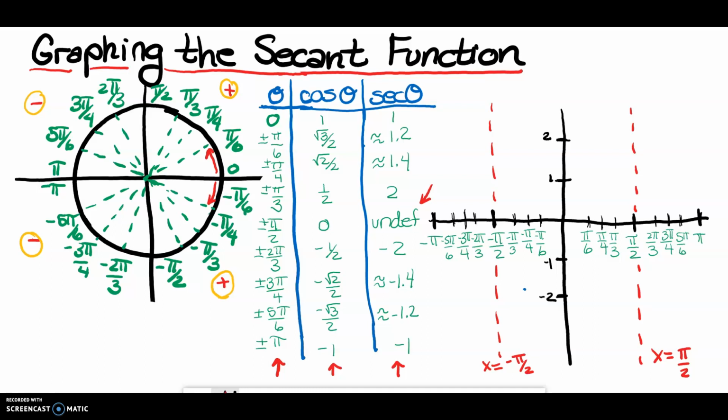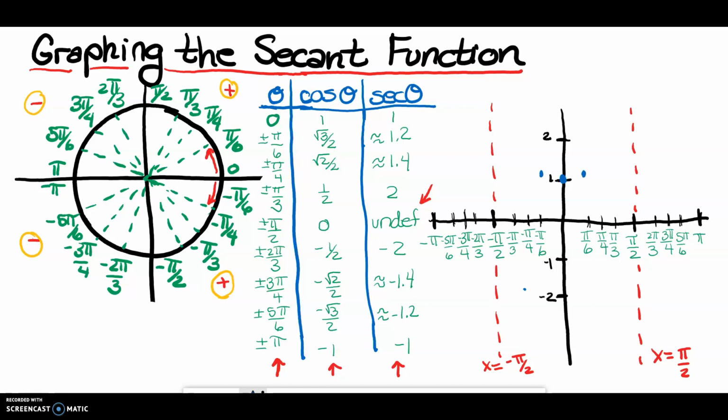At 0 degrees, cosine is 1 and secant is 1. So I'm going to graph 1 here. At pi over 6 and negative pi over 6, we have a value of radical 3 over 2 for cosine, and when we take the reciprocal, it's approximately 1.2.